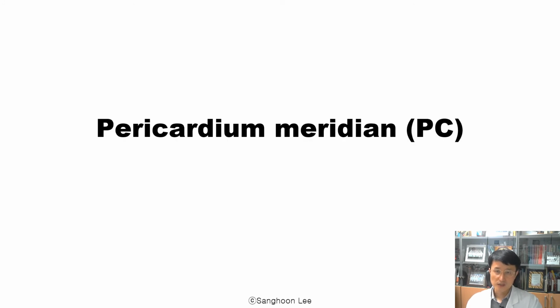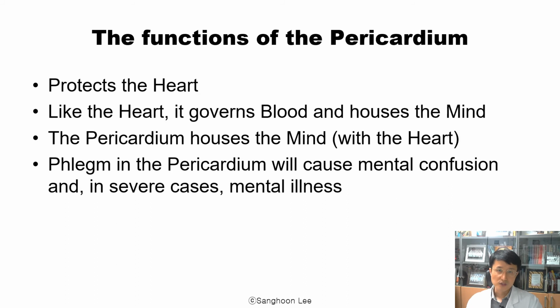Pericardium meridian. The functions of the pericardium: it protects the heart. Like the heart, it governs blood and houses the mind. Phlegm in the pericardium will cause mental confusion and, in severe cases, mental illness.